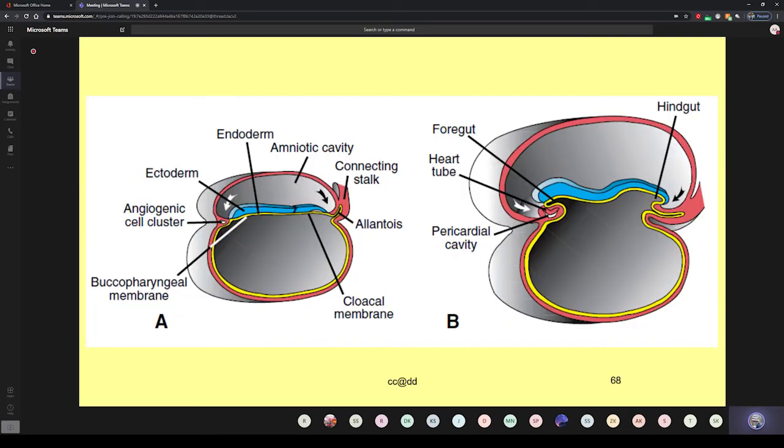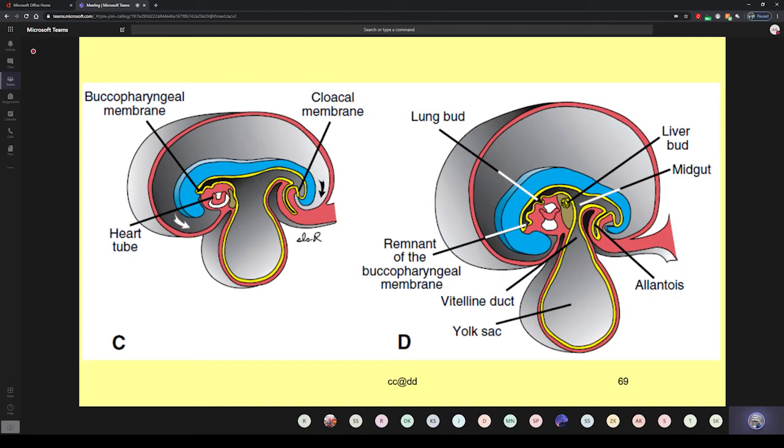because this is very easy to understand. By now, all of you must be understanding that whatever I have been showing as that yellow colored space, lined by yellow colored cells, the yolk sac and the various changes of the yolk sac are lined by endoderm.